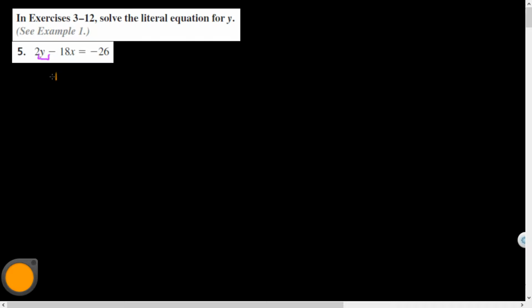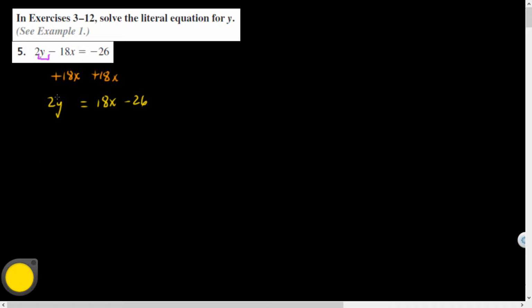So I'm going to add 18x to both sides. Even though I'm writing it here, it's not actually a like term with this. I'm just trying to squeeze it in right there. So I'm going to have 2y, because negative 18x and positive 18x are 0, equals 18x minus 26.